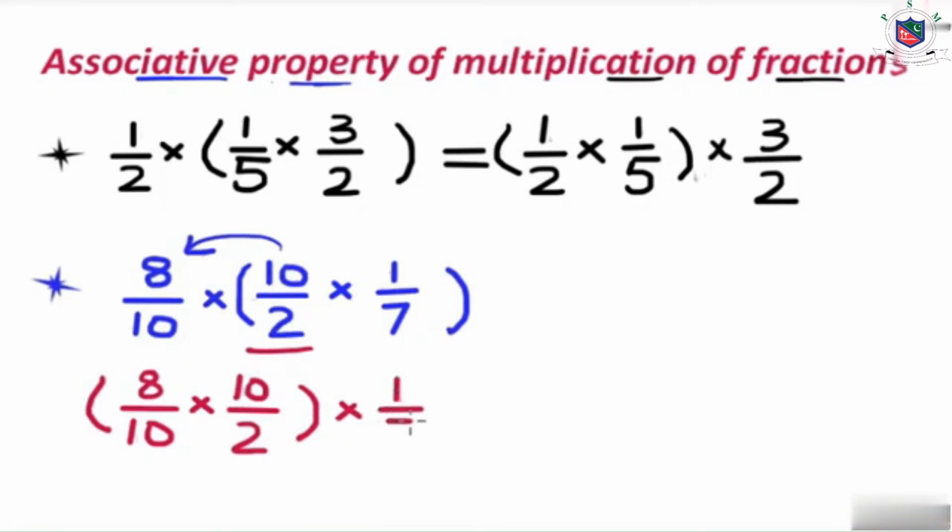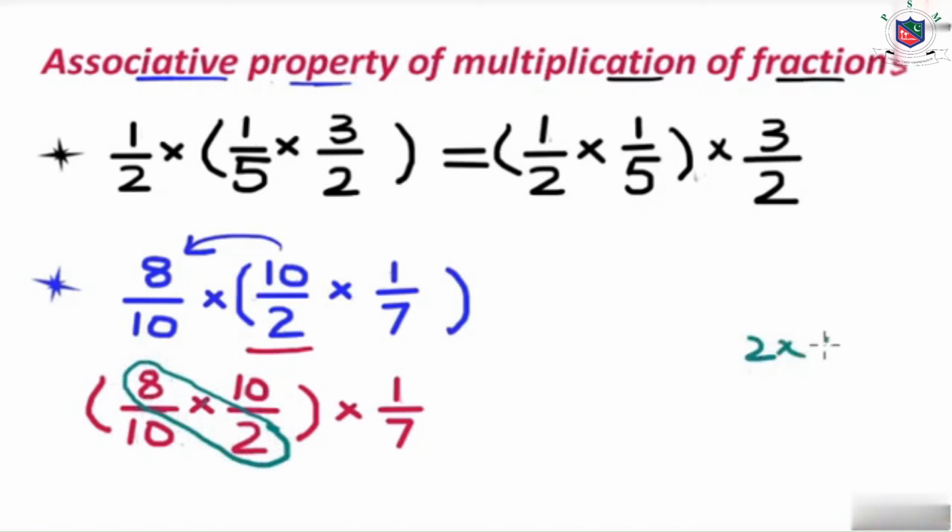So according to the rule, first we shall solve 8 upon 10 and 10 upon 2, and the answer will be multiplied by 1 upon 7. So here you can see that 2 and 8 can be divided by the same number, and that same number is 2.